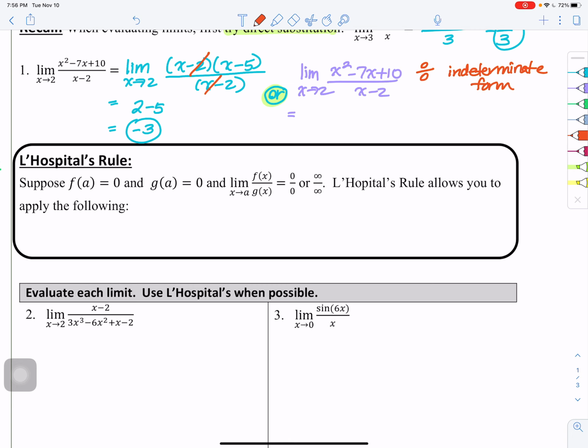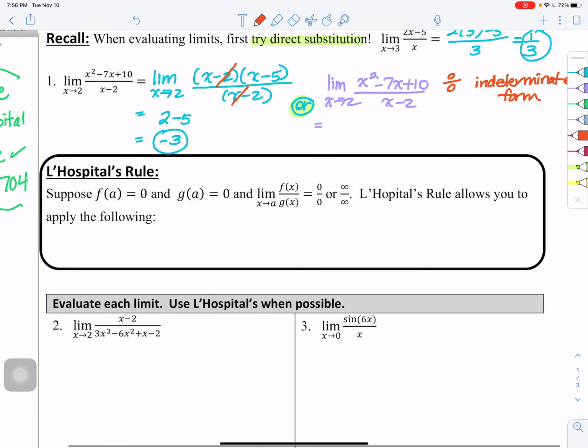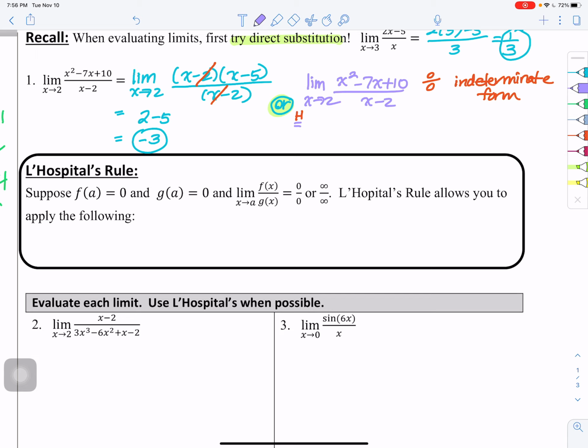If you get 0 over 0, you can apply L'Hopital's rule. You're going to put an H over your equal sign to let somebody know. And if you see it somewhere else without the H, I'm requiring it. So the H over the equal sign means you're applying L'Hopital's rule.